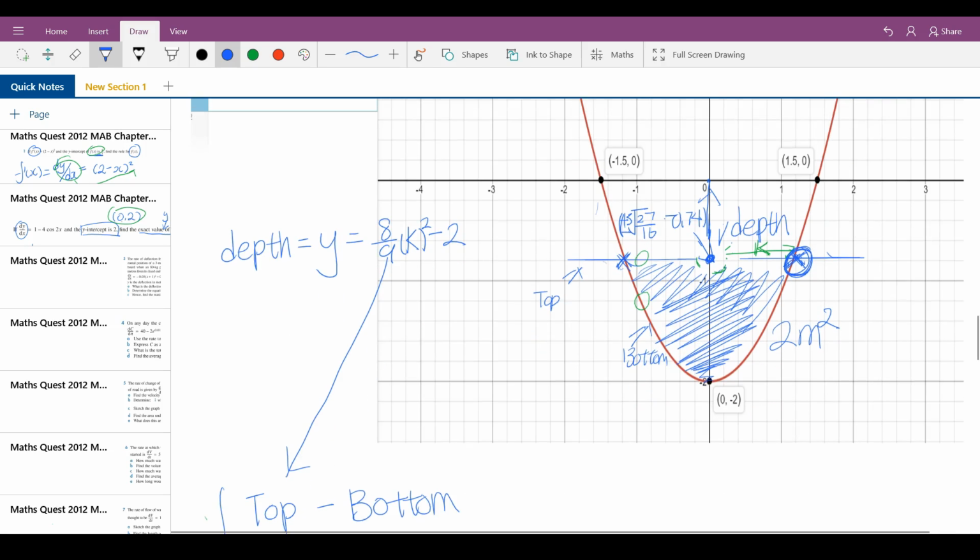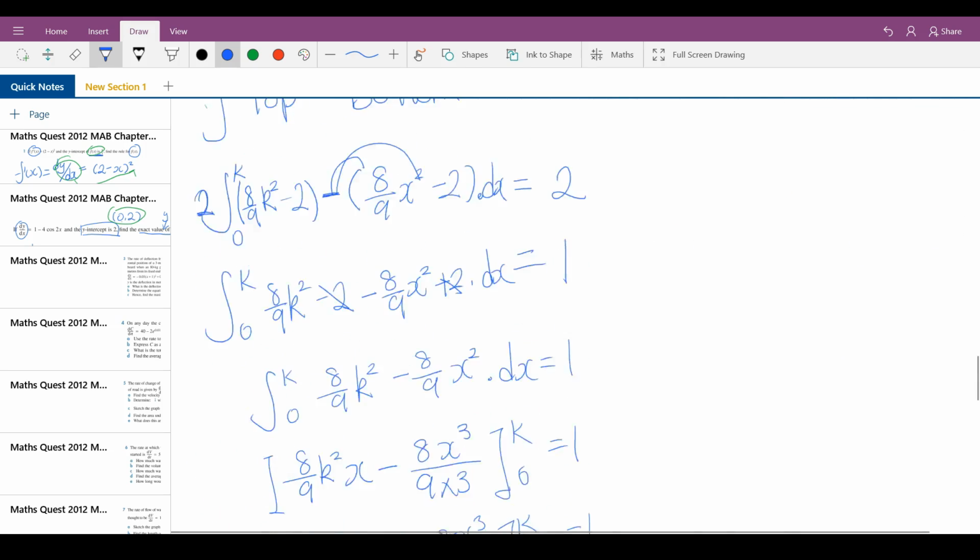So that's our depth. But if you go from the bottom up, the depth would be 1.2599, which if we round it is 1.26 meters, or 126 centimeters. All right, that's the answer.